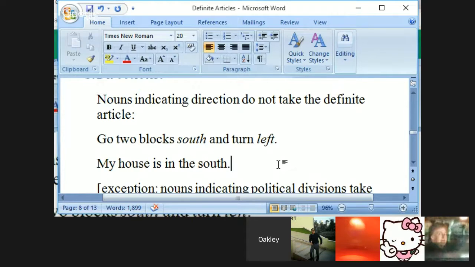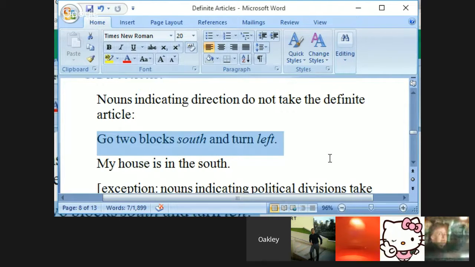There's no other direction south. It's like saying the sun, the moon, the earth, the south, the equator. There's only one. Notice the difference. In the first sentence, you're actually giving directions. You're actually showing where it is in the other. So that's the difference.